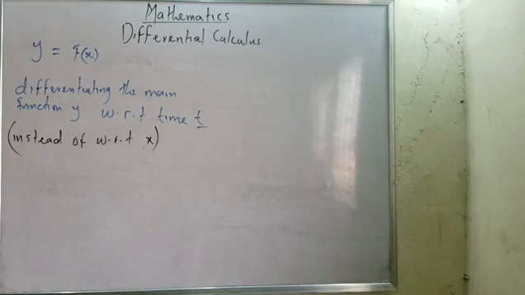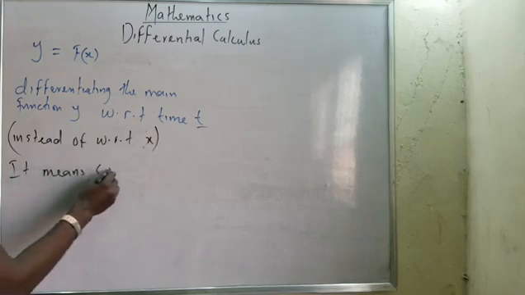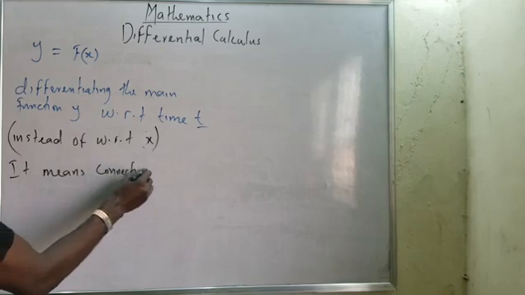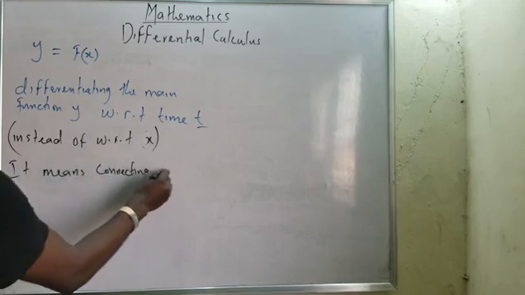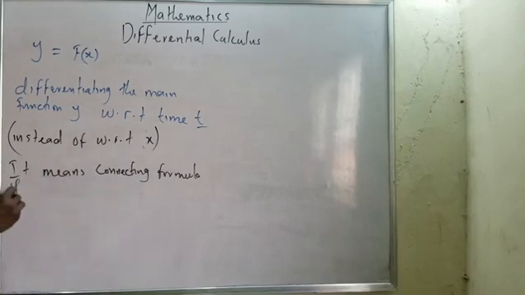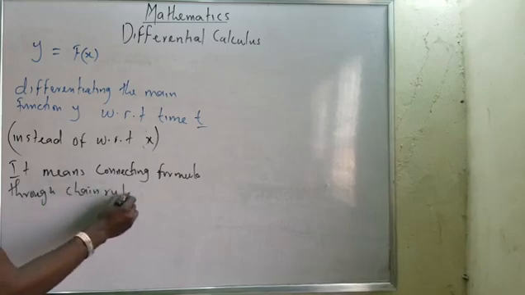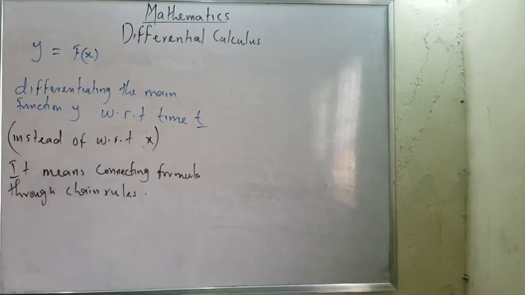It means the connecting formula is through the chain rule. You all know what is called the chain rule. I've explained that earlier. Now, what do I need to do?